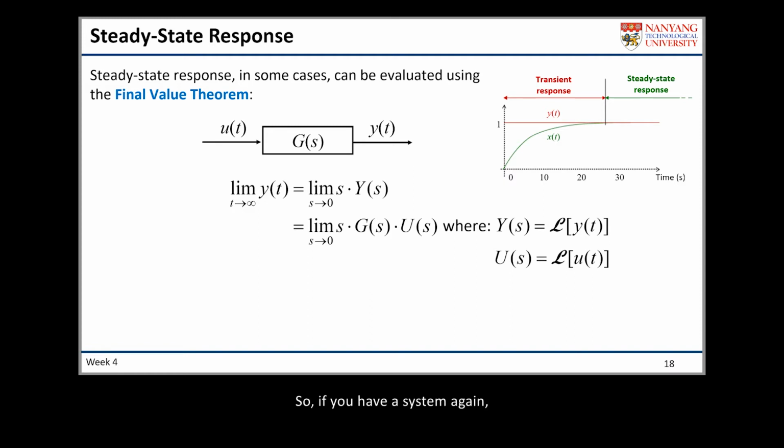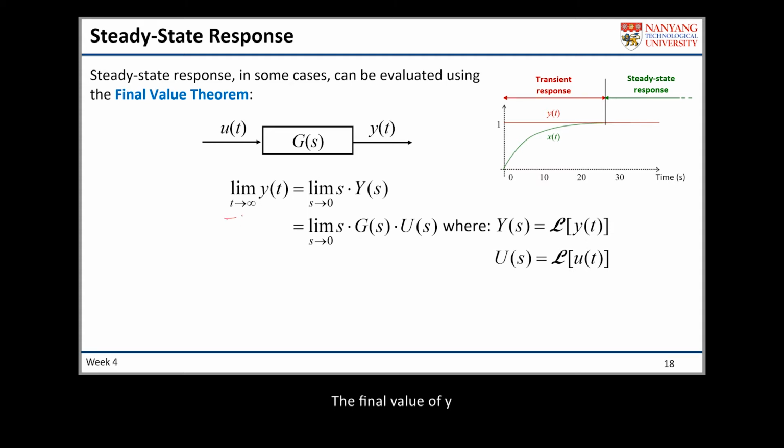So if you have a system again with a transfer function of G(s) and you give an input to the system of U, the system will give an output of Y. To evaluate the steady state value of the output Y, you can apply the final value theorem.